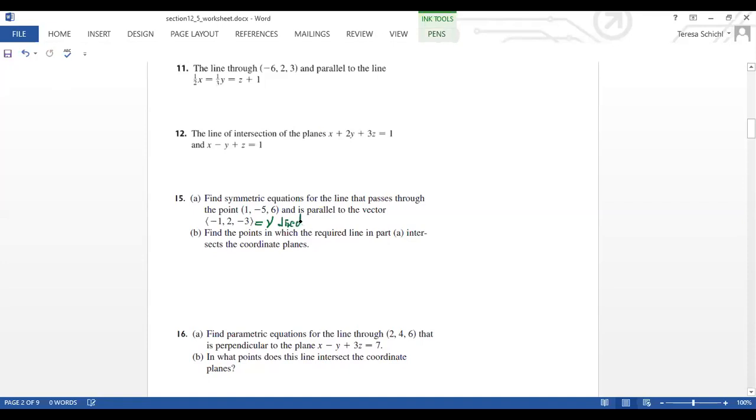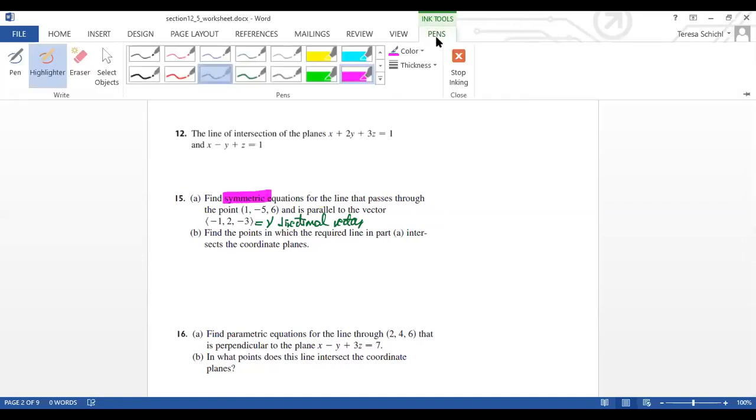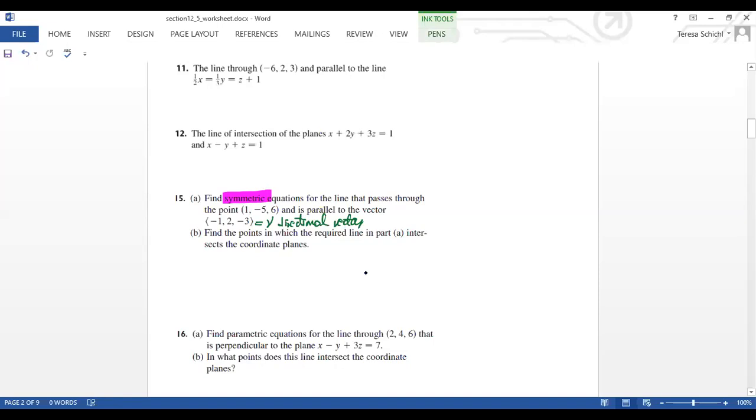Every time, to find a line, if I know the directional vector and the point, I can do it. Here they want the symmetric equations.